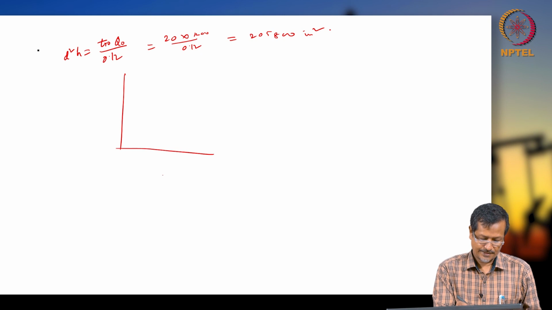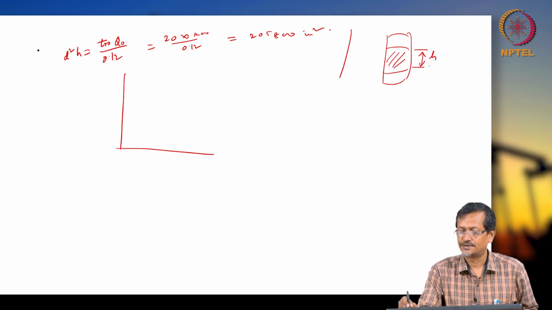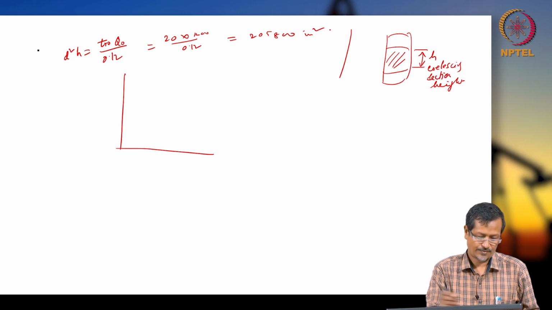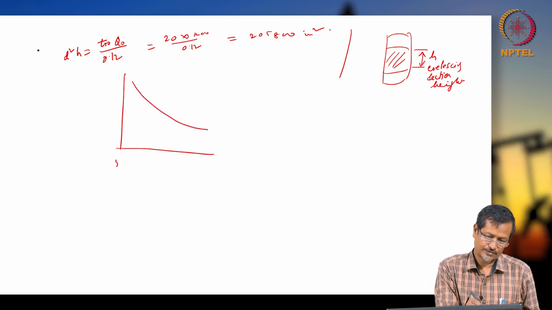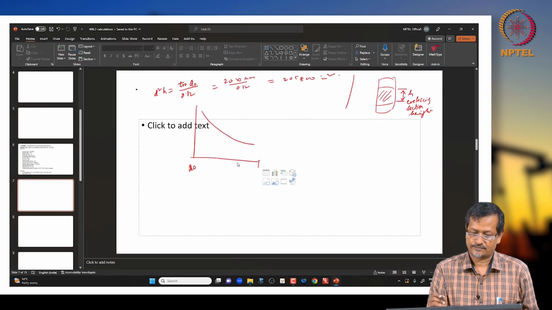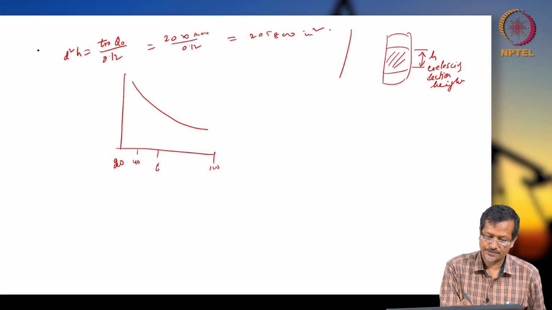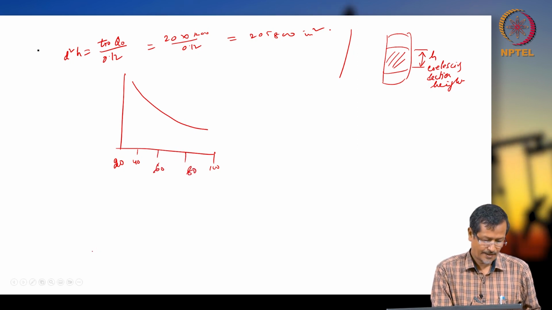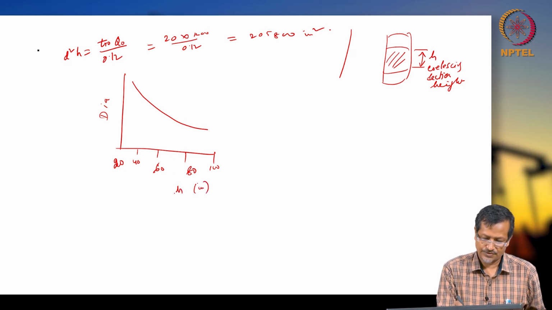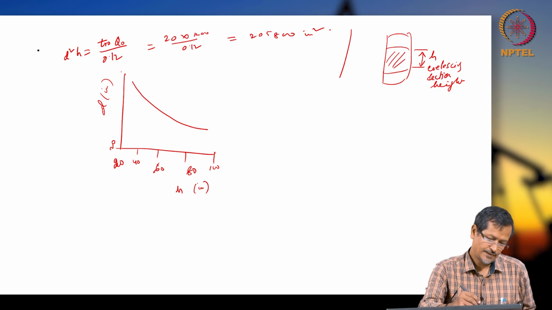Now again you have to draw the figure. H is the coalescing section height, and this height is H. Here H is in inch and this is diameter D in inch. The values of H go 20, 40, 60, 80 up to 200, and the diameter values are 20 to 90.